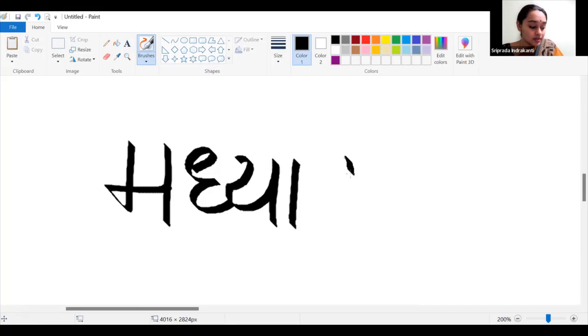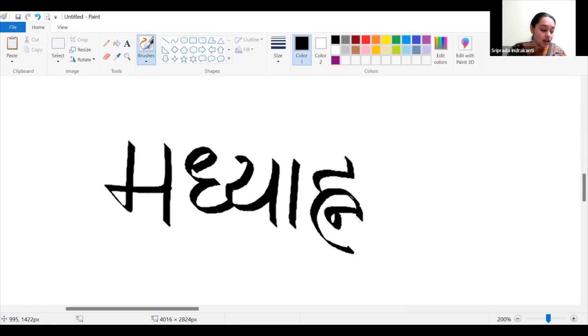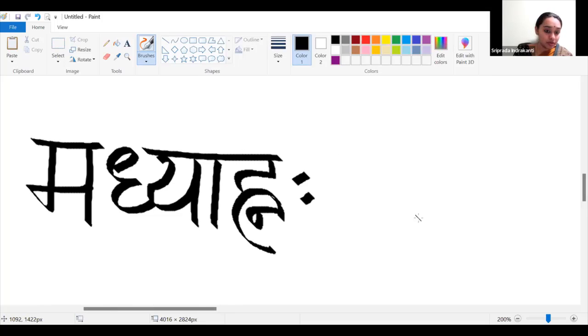And then observe this very carefully. Ha, first we write the ha, then we write the na inside it. Madhyanha, then again the visarga. Madhyanha is afternoon. Purvanha is forenoon.